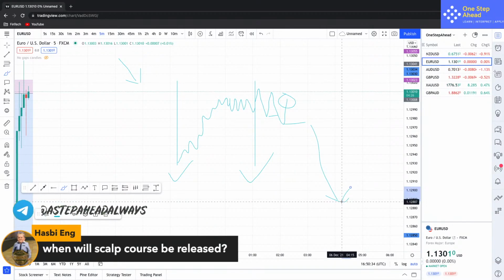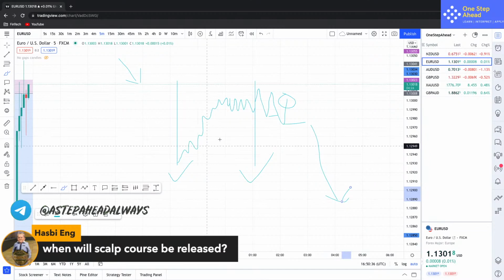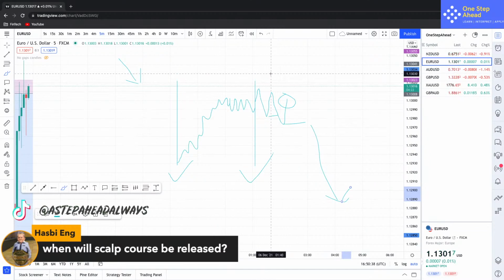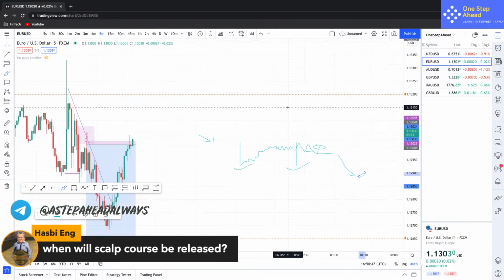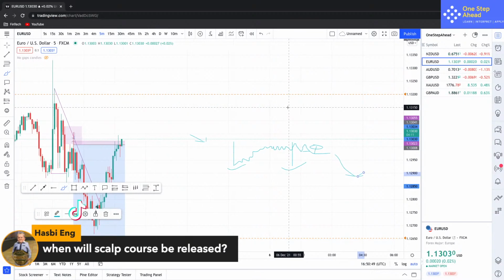For the time frame you need to see up to the 5 minute, 1, 2, 3, 4, 5, whichever is clearer. I would say don't go in the opposite direction, because you need to favor continuation over the reversal. The continuation will be smoother than the reversal.